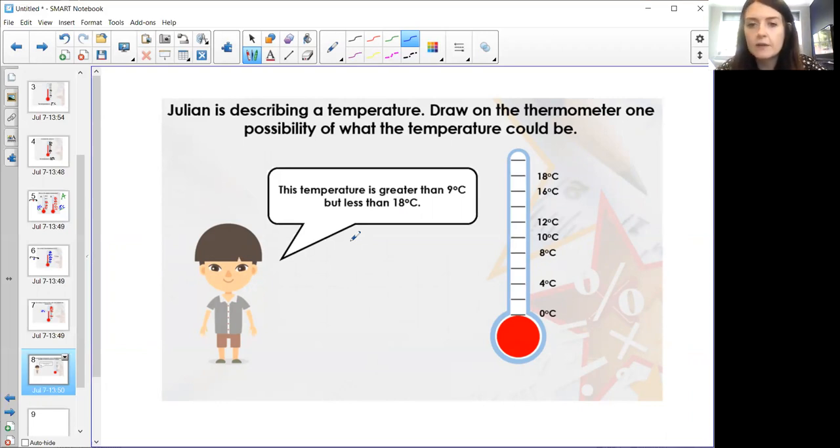What I'm going to do first, like I've been doing before, is fill in the numbers on the scale, because before I can mark on a number between 9 and 18, I want to know what it's going up in. I could probably hazard a guess at this now, but I want to do it properly and thoroughly. So we've got 0, 4, 8, 10, 12, 16, 18.